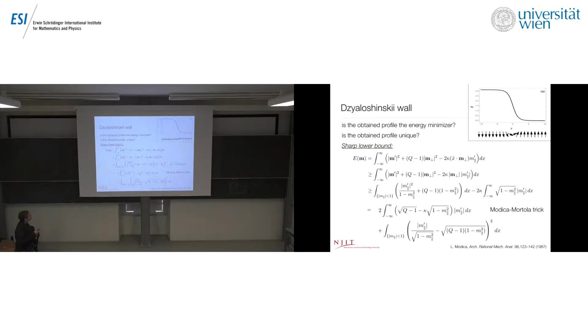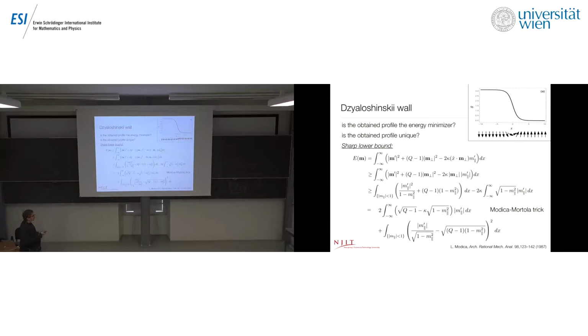Well, we just apply the good old Modica-Mortola trick, where we basically complete the square on these two terms, and then we incorporate the DMI term inside. And so this expression here simply equals the expression we have here, which is just kind of a total variation of some function of m parallel plus a square.